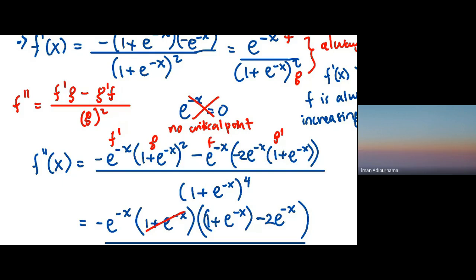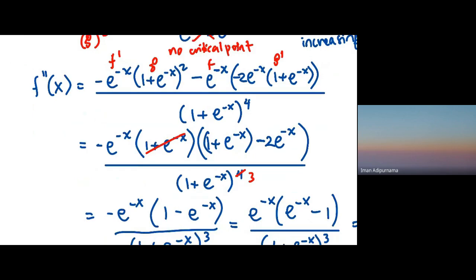Because this is already taken out here. Why do I need to take this out? Because I can divide by this. So at the end, you can divide this, cancel, and then this 4 becomes 3, and we can calculate this, negative 2 plus this becomes negative e.